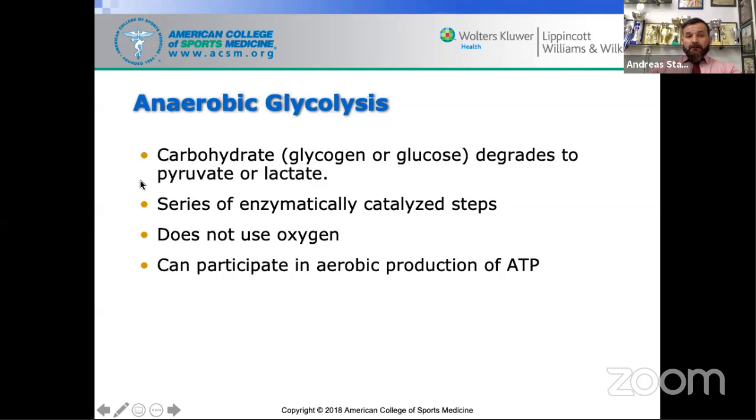This, although it comes from an anaerobic way of producing energy, could be used later on during aerobic as fuel, anyway, okay? Now we have several steps. We still don't need oxygen. We get more ATP, but again, several steps. So it's more complicated. That's why it's our third option, okay?